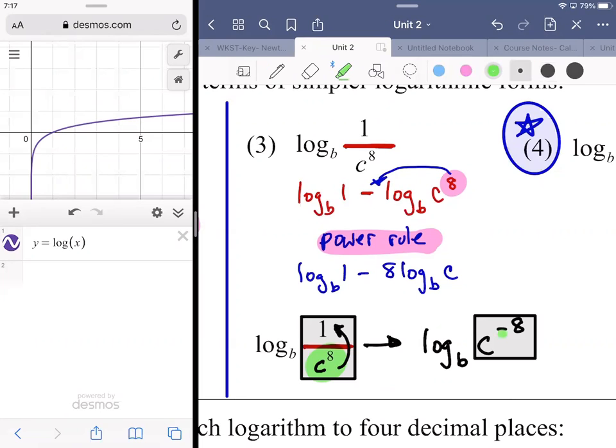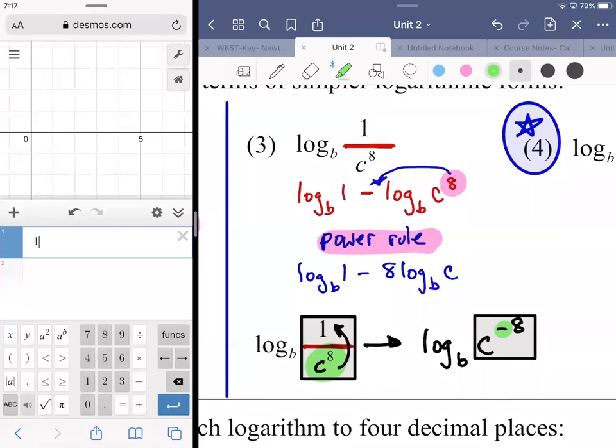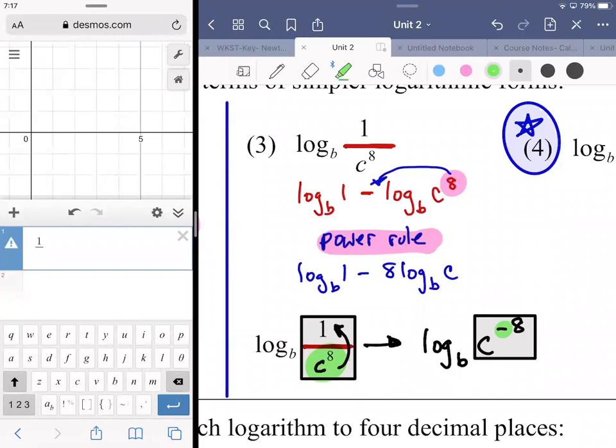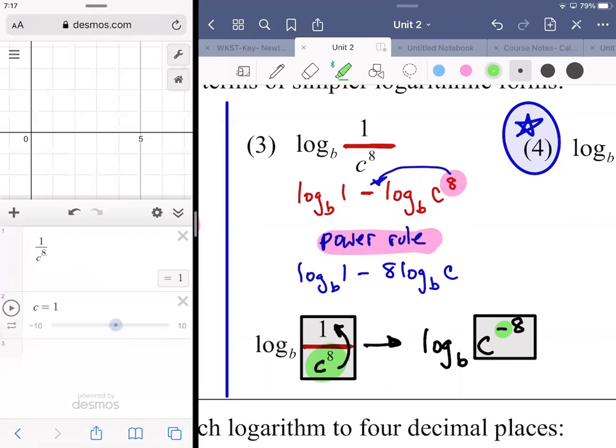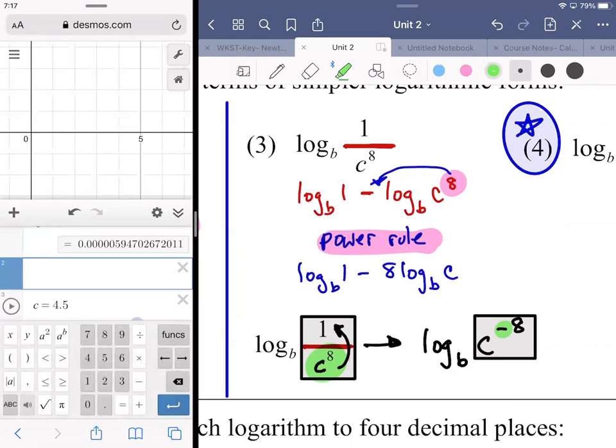If you're unsure if what you're doing is legit, put it into Desmos. All right? So 1 over, you could even use the letter c. C raised to the 8th. It'll ask you for a slider, but that's fine. It'll give you some numbers. That's great. And then try c raised to the -8.